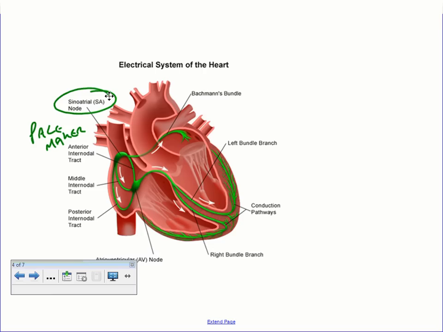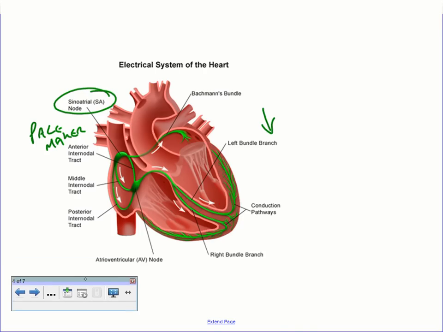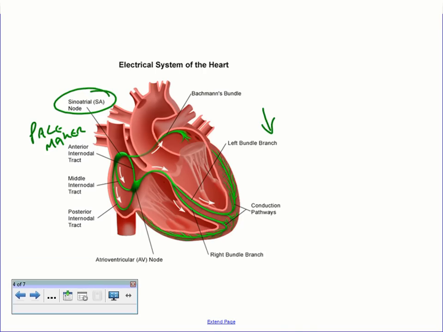And the pacemaker is going to send the signal to the 2 atria. The 2 atria then contract pretty much in unison, and they're going to push the blood down into the ventricle. We're going to get a little bit of a lag period where we're going to pass the signal to the atrioventricular node, which is kind of covered up here. The atrioventricular node is between the atrium and ventricle.